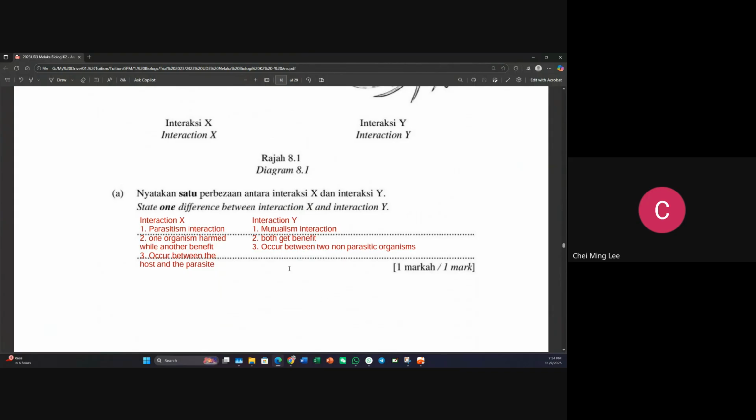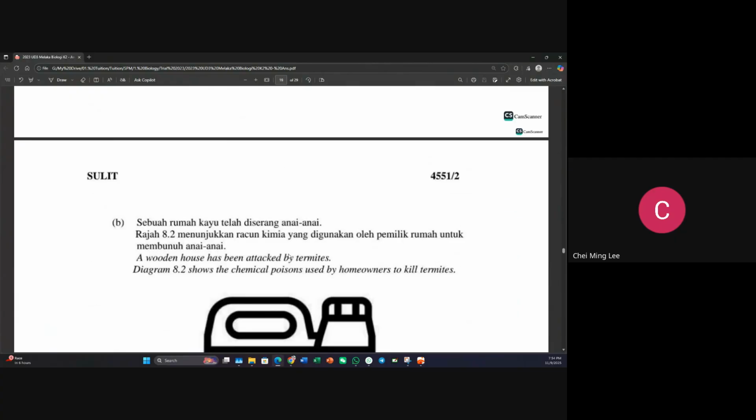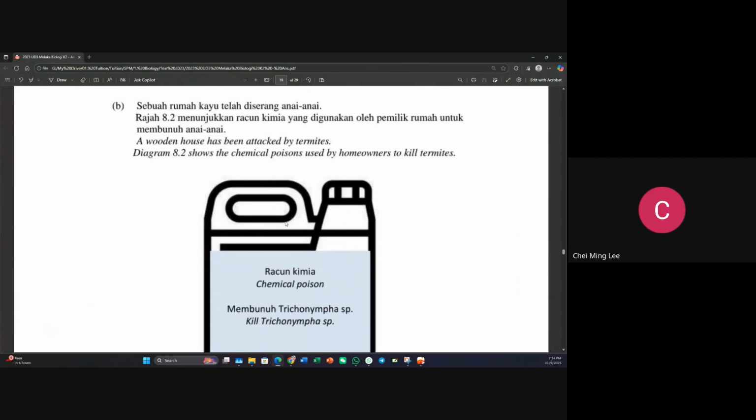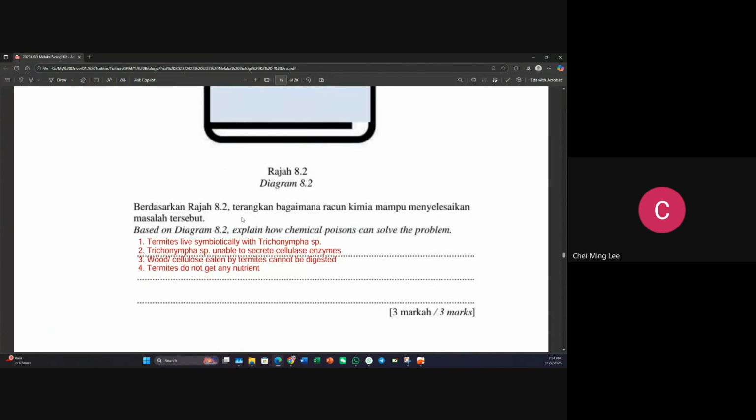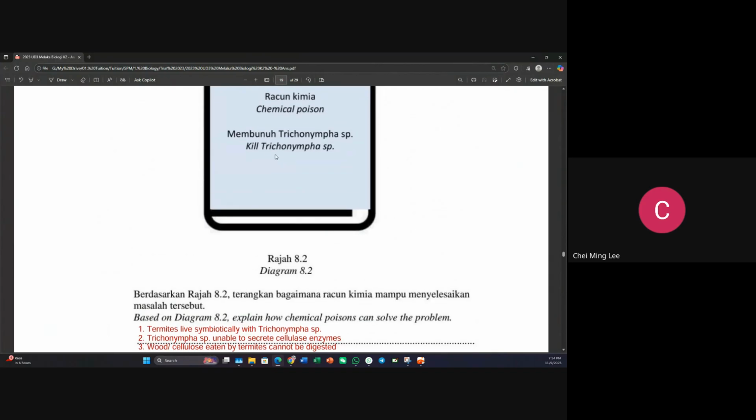All right, now next. A wooden house has been attacked by termites, so a chemical poison is used. Explain how the chemical poison can solve the problem. It kills the Trichonympha species, which is the bacteria that digests the cellulose, sorry.